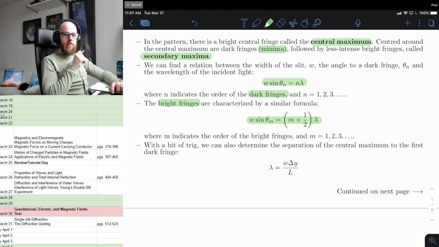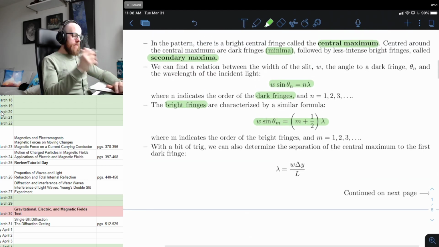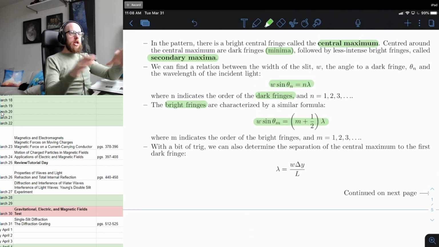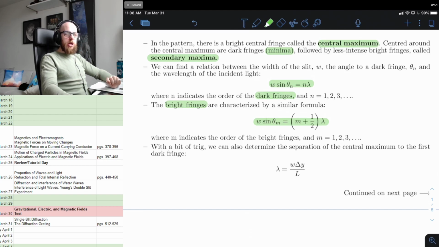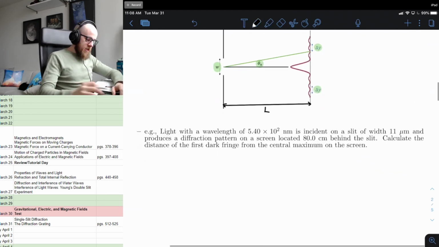Okay, so now we're going to use all of these formulas to answer some problems. Any questions about the whole setup here, or are we all doing pretty good? Okay, so example.